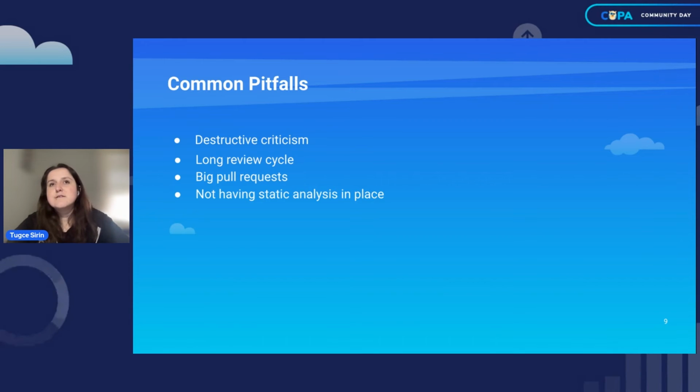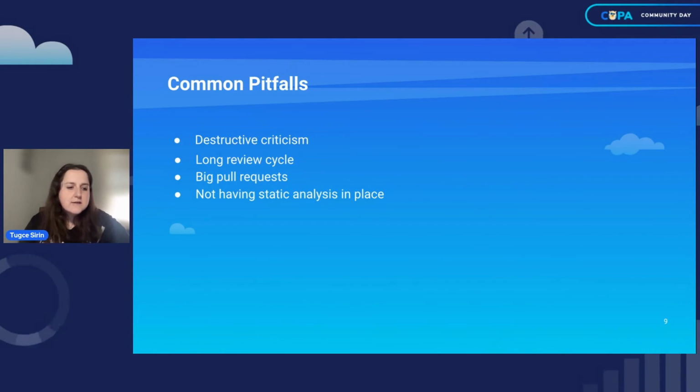Not having static analysis in place. If you're doing the pull request review and not having a static analyzer in place, it is really not a good way to go, because why not use it? There are free options to go from, or there are paid options too.